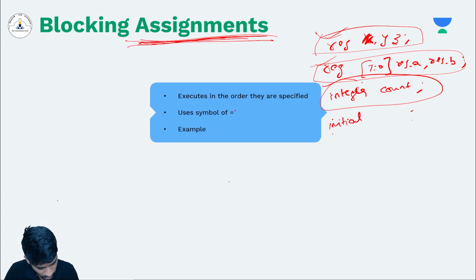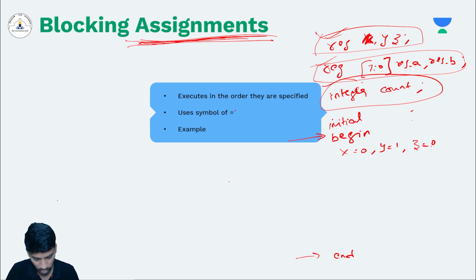Let's assign these in an initial block. We are using a sequential block because we are using begin and end statements. Inside the sequential block, I am assigning x is equal to 0, y is equal to 1, z is equal to 0. I can do all three in a single line by terminating with semicolons, or I can write three different lines; it doesn't matter because the semicolon terminates the statement.